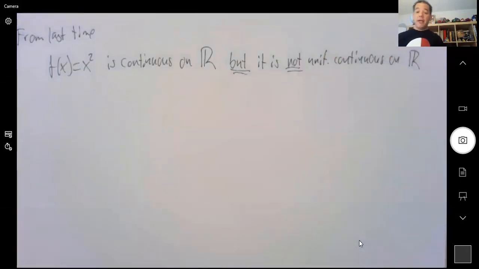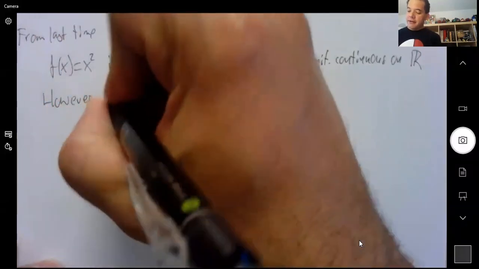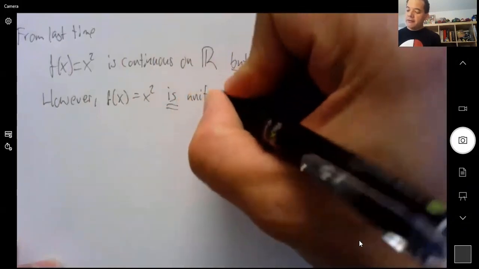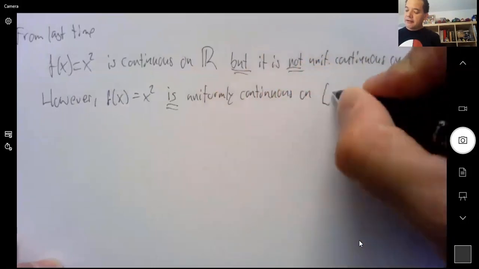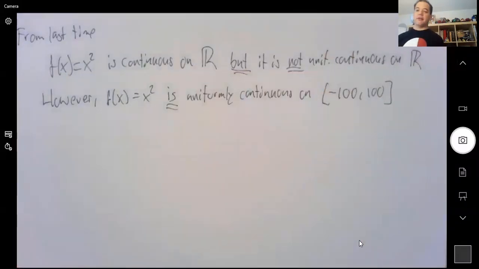However, we can make it uniformly continuous, and that's the last thing we saw, if we consider a smaller domain, and by smaller I mean bounded. So f of x equals x squared is uniformly continuous on, say, the set negative 100 to 100, this big interval. You can make it 1,000 or 10,000, it doesn't really matter. As long as it is bounded, the answer will be uniformly continuous.